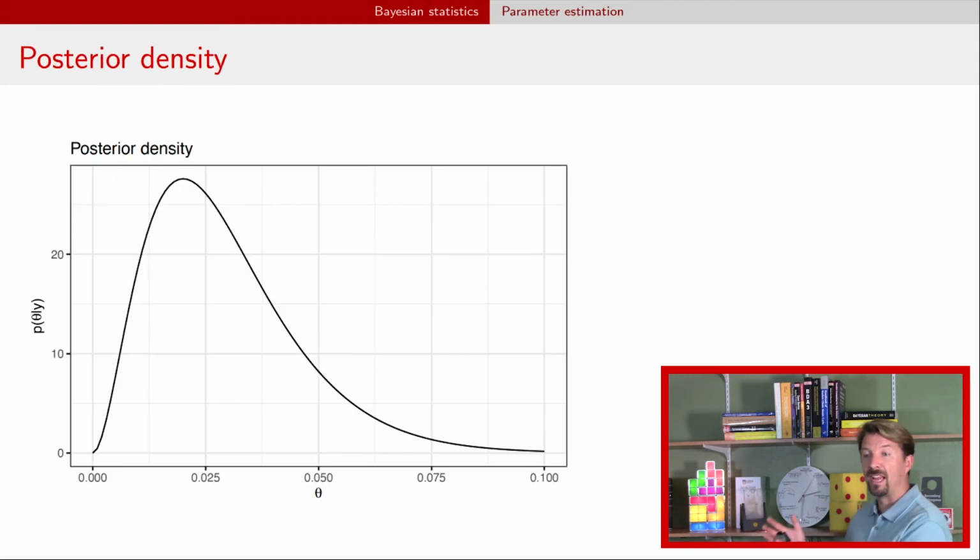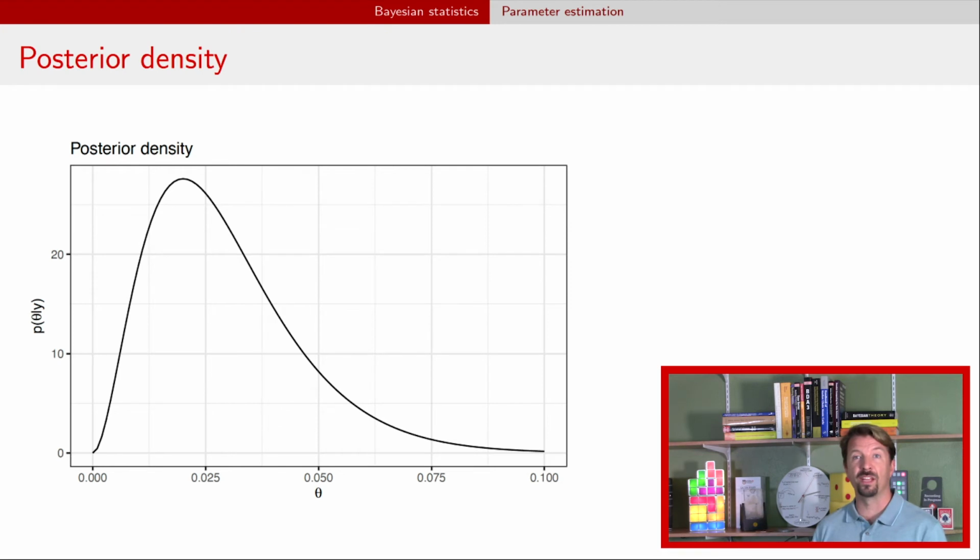Okay. Here's the posterior density for that particular beta distribution, so this is for a beta(3, 99). First, notice the x-axis. Remember that a beta distribution has support 0 to 1, but I've cut off the figure here at 0.1 because there's very little density above 0.1.